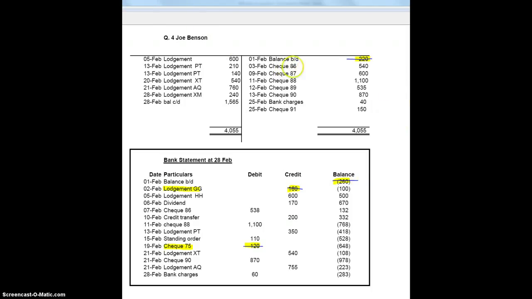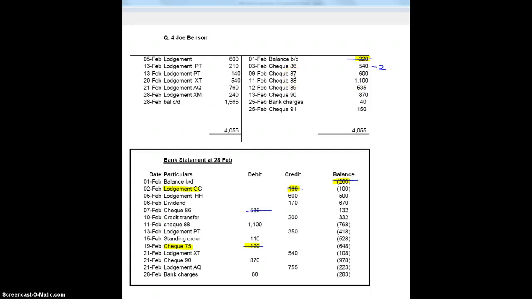So check 86 here, I always start on the T account. Check 86 is 540 here, it's 538 on the statement, and we always assume the bank statement is correct. So what was paid out was 538. Joe Benson recorded 540, so that needs to be reduced by 2.